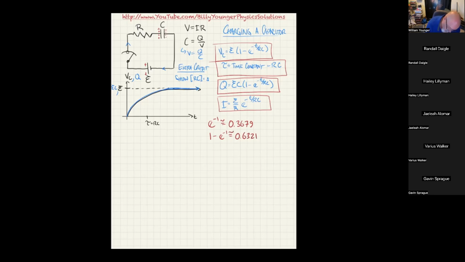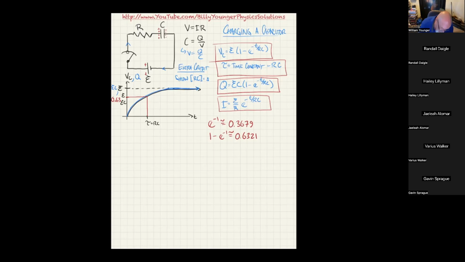So what happens here is if you go up and then hit the graph and then come over horizontally, this is 0.63 times either E or EC. So what that means is after one time constant, you get 63.2% roughly.